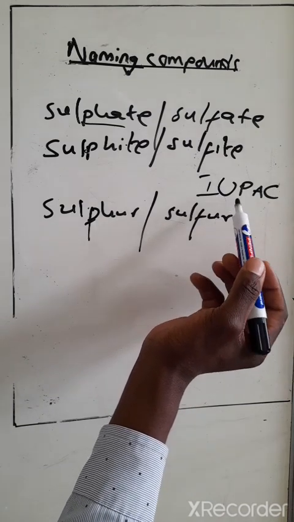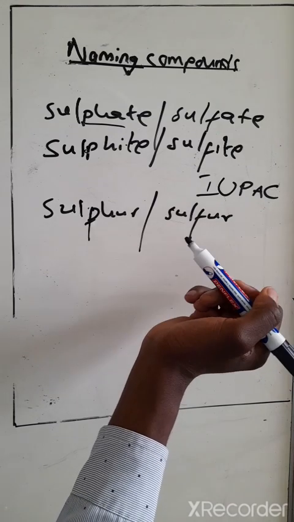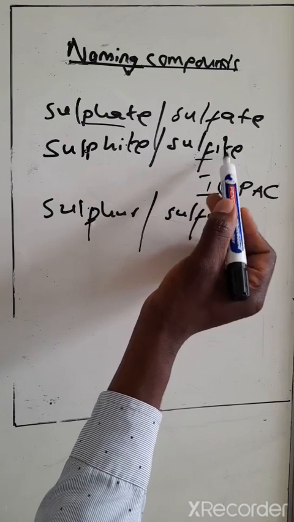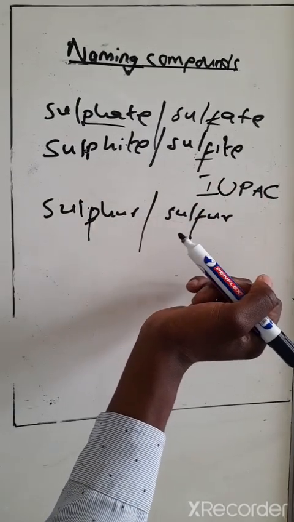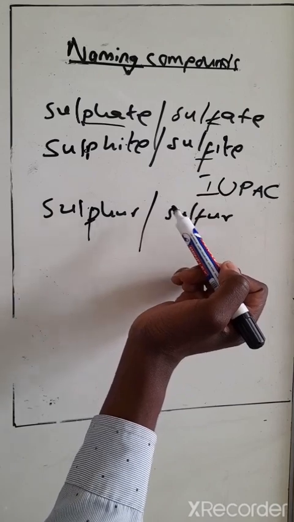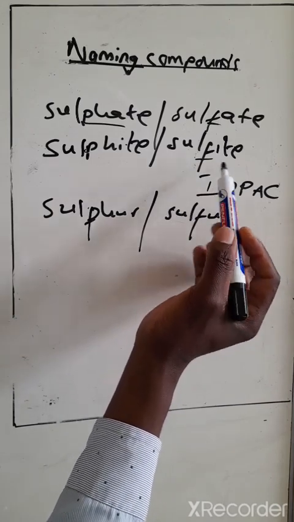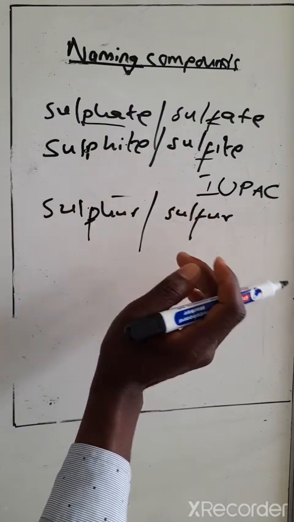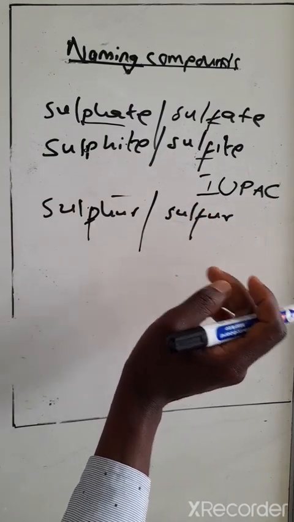IUPAC is the International Union of Pure and Applied Chemistry, so they also use this one. Apparently the P spelling will probably not be used in the future, but for now, just know that these are English terms that are used.